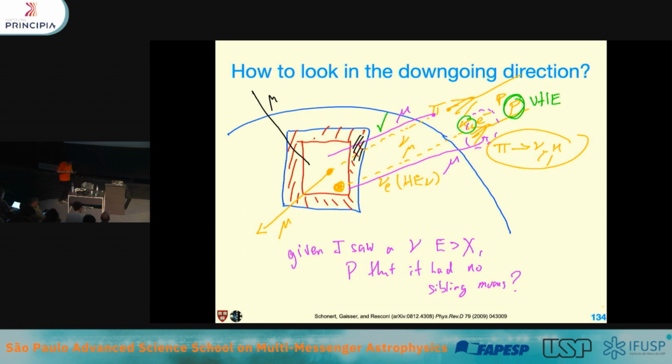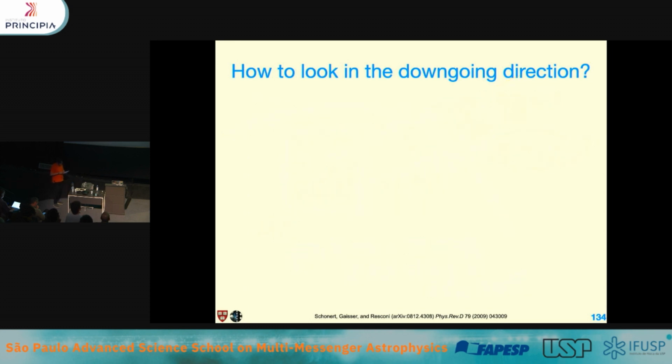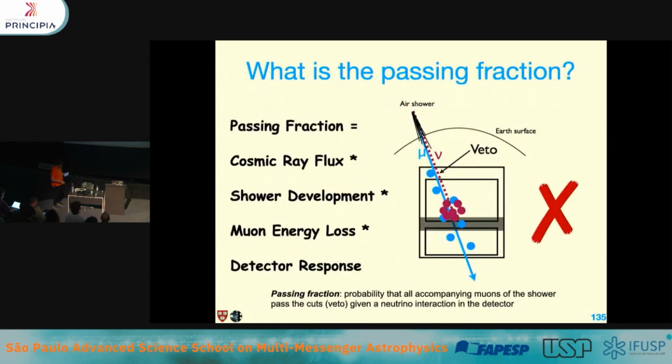Okay, I'm just going to very quickly tell you why this is a bit of a nightmare. There is something known as the passing fraction. The passing fraction is the probability that an accompanying muon passes everything, sneaks in through everything, and just interacts in your detector. This is what you want to estimate.